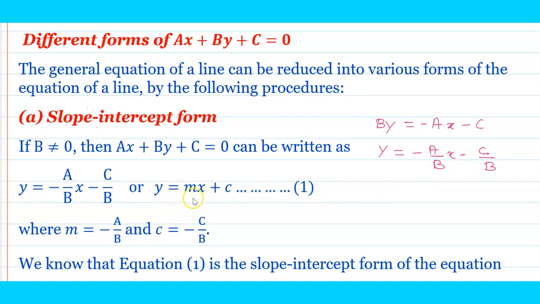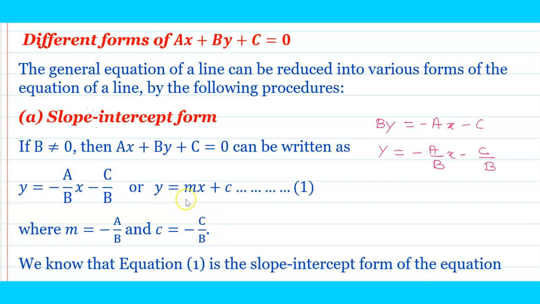Or this equation can be written as y is equal to mx plus c, and this is equation number 1. But what does m indicate here? m means minus a upon b, and what about c? c is minus c upon b.